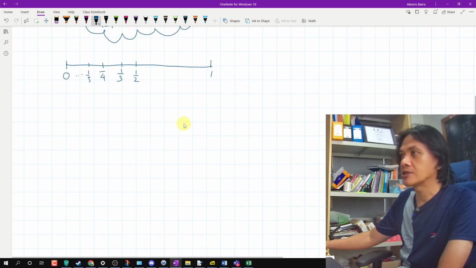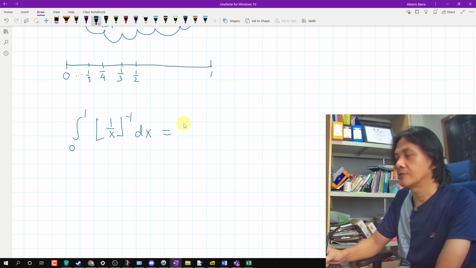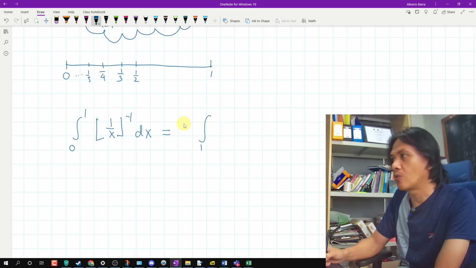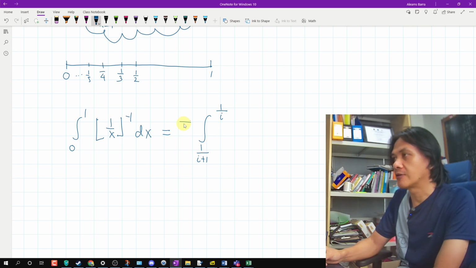So basically, we will split the interval from 0 to 1, the floor of 1 over x, dx, into the interval from 1 over i plus 1 to 1 over i, where i is running from 1 up to infinity, right?